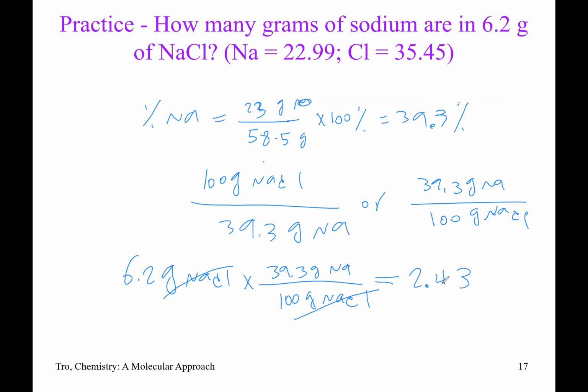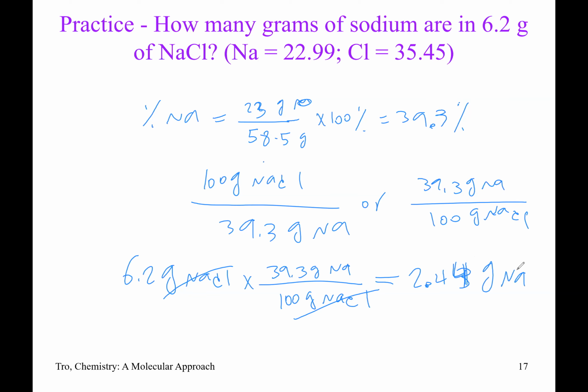Or 2.44. Okay, 2.44. What's the unit? Grams of what? Na. Does it make sense? Yeah. 6.2 grams of NaCl has 2.44 grams of Na.